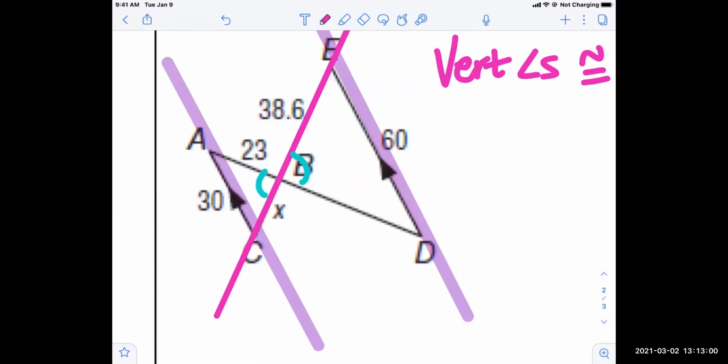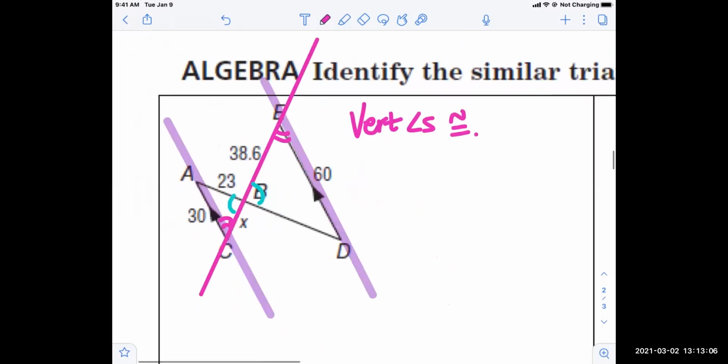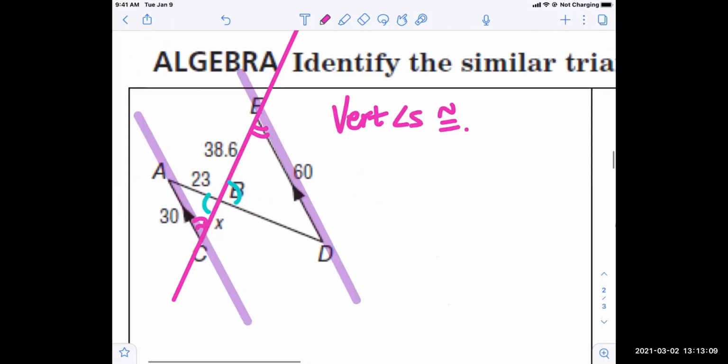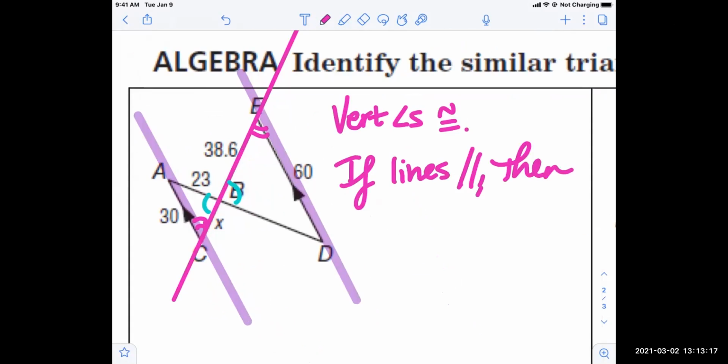C. Okay, angle C and E. Good. Those are what kind of angles again? Yes. If lines are parallel, then alternate interior angles are congruent.